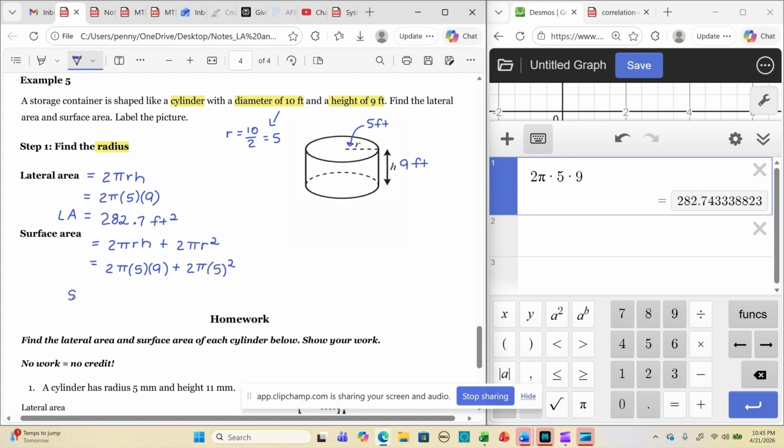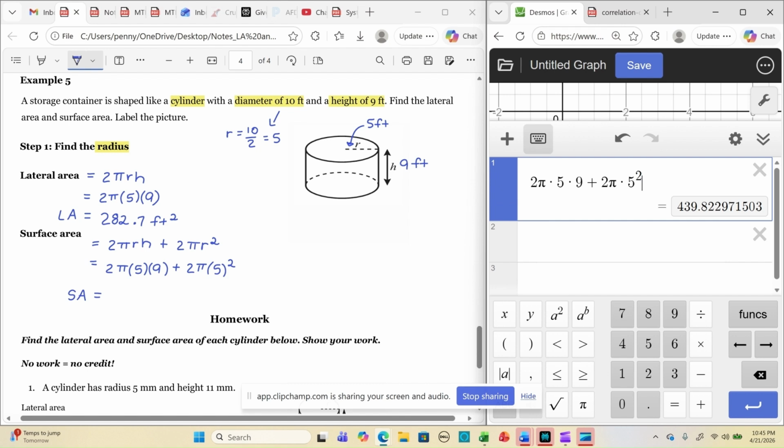Now we're going to type that into Desmos. So plus 2 pi times 5 squared, we get 439.8 feet squared.